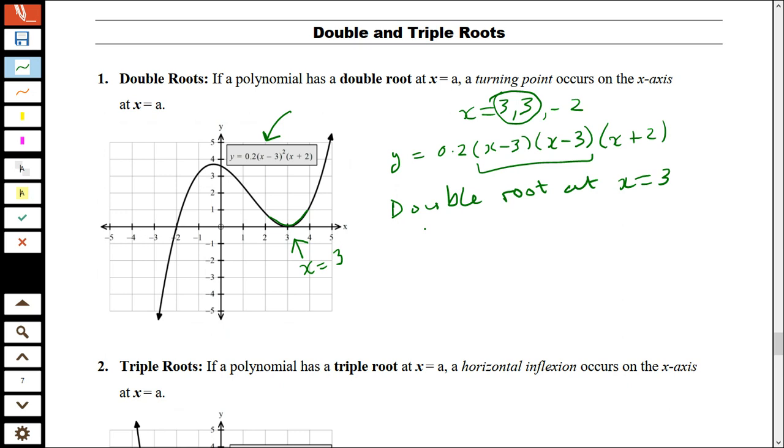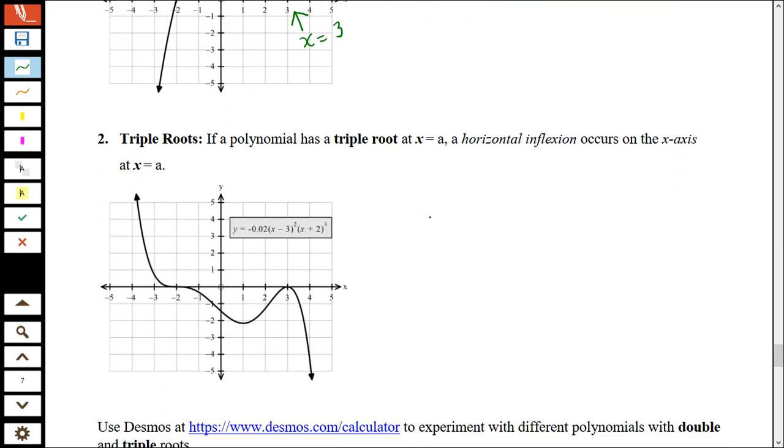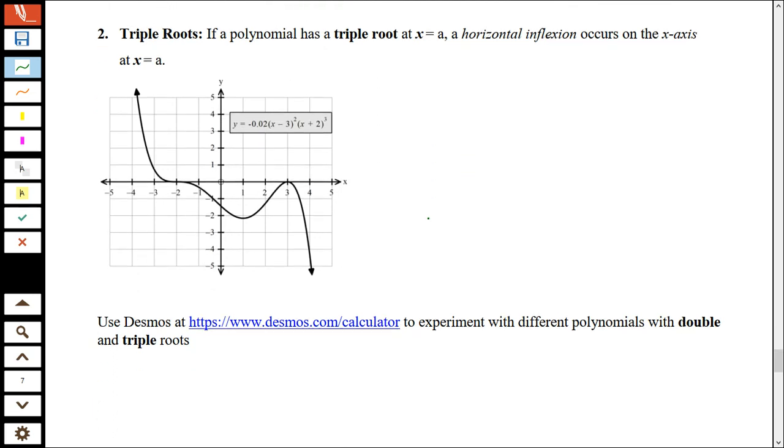Okay, so let's have a look at triple roots. Triple roots. Okay, what's special about triple roots? Well, where's the triple root on this one? Well, I can see I've actually got a double and a triple, don't I? I've got a double root at x equals 3, and I've got a triple root at x equals negative 2. And what's special about this is that at the triple root, we have a horizontal inflection on the x-axis.